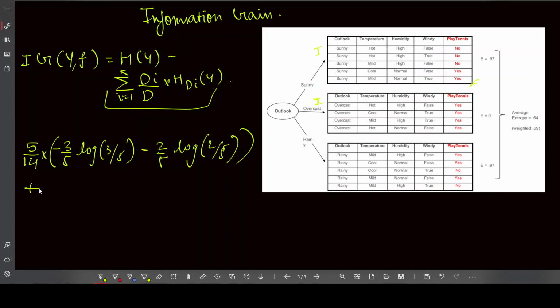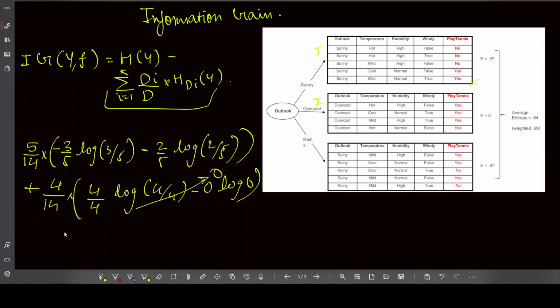Now I have to add the same formula for the second sub data set. Okay, so that'll be 4 upon 14 into 4 by 4 log of 4 by 4, minus 0 log of 0. So this basically turns out to be 0.